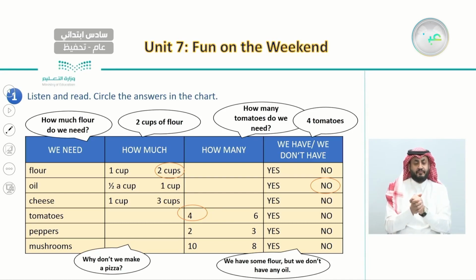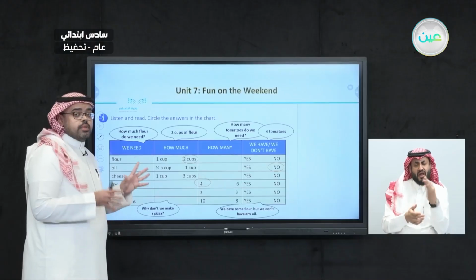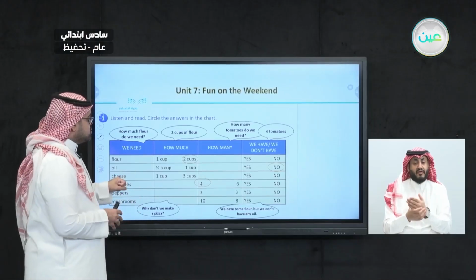So they want to make a recipe or a certain food, and here they wrote what they need. We need flour, oil, cheese, tomatoes, peppers and mushrooms. And the exact amount of each one of them is written here.